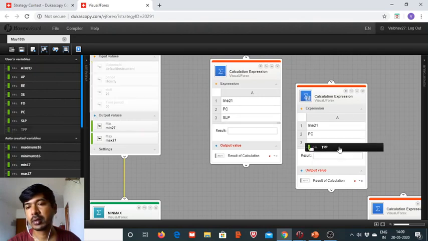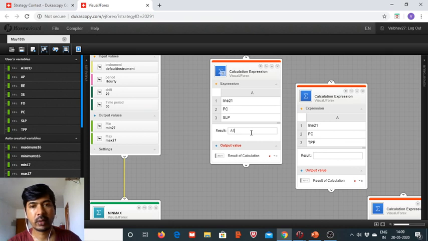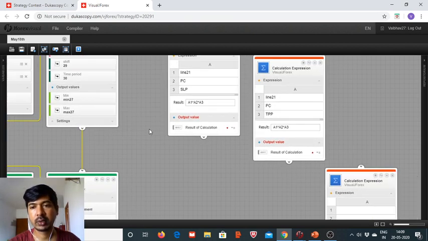Target price: A1 into A2 into A3. Same thing here, A1 into A2 into A3. So this is the stop loss and this is the target price calculation which we have done.